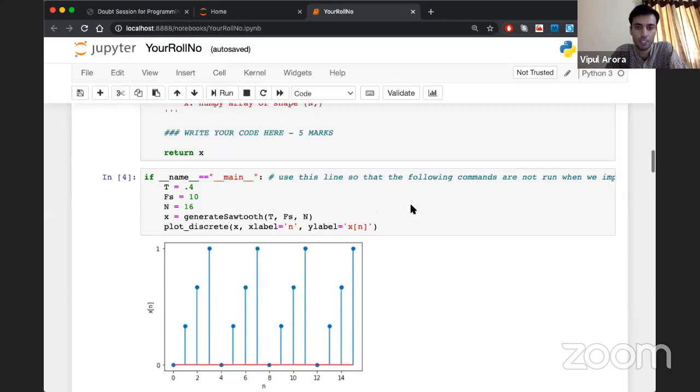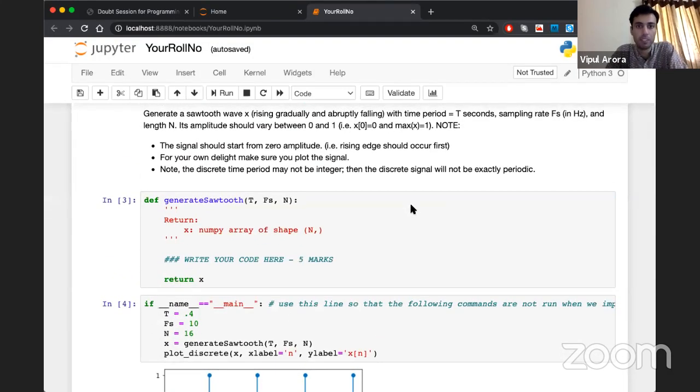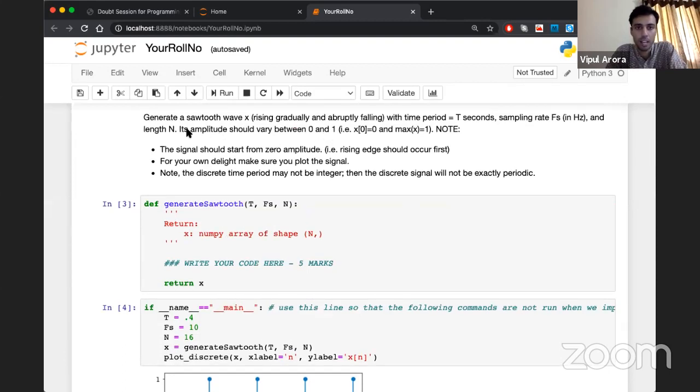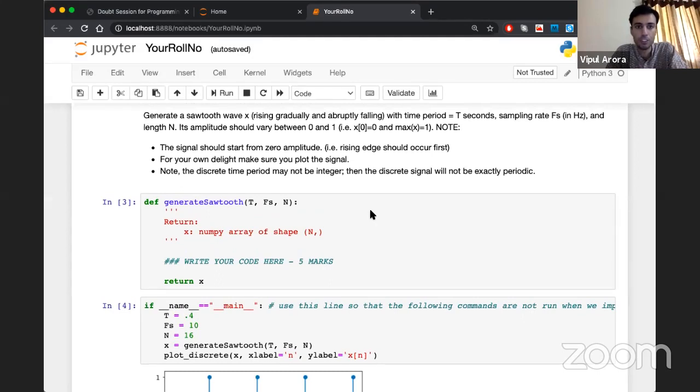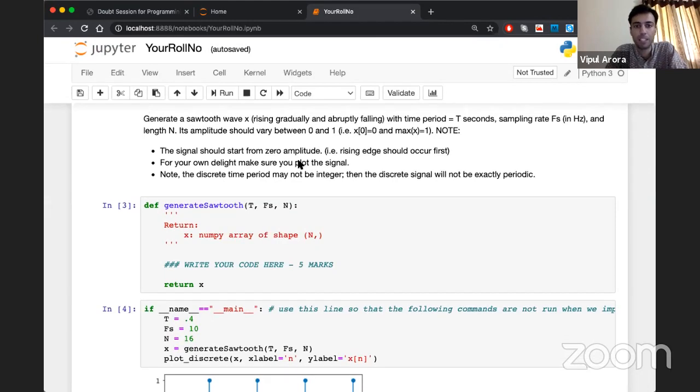Amplitude should vary between 0 and 1, and x[0] should be equal to 0. This part is clear to you. And then the maximum of x should be equal to 1. You achieve it by normalizing your signal appropriately. Normalizing means multiplying with an appropriate factor.